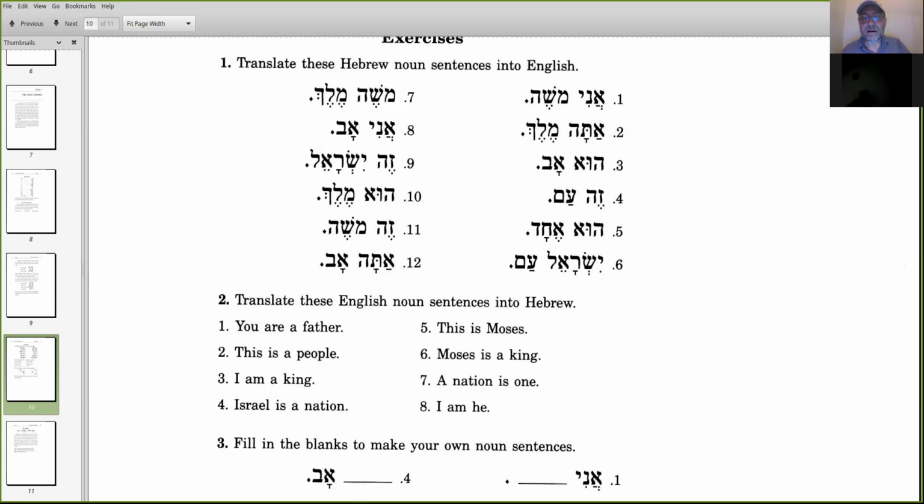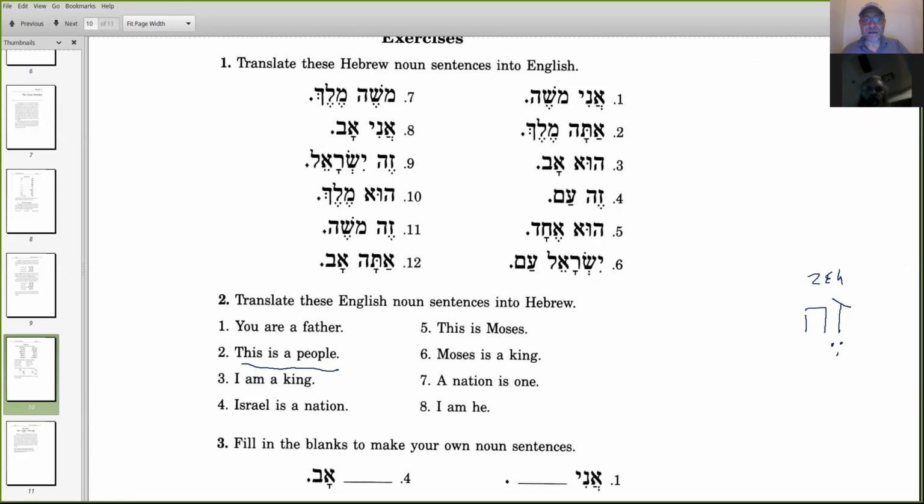And I'm working on section 2, number 2, which is this is a people. And so the word this in Hebrew starts out with a zayin, and we put a segol on there. So far we have the sound zeh, and then we finish it with a hey, zeh.